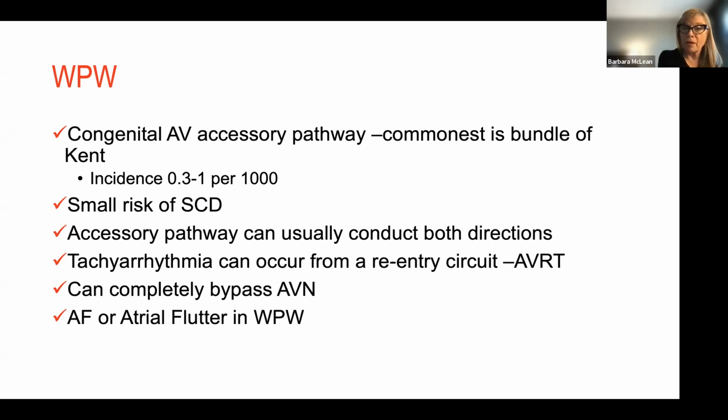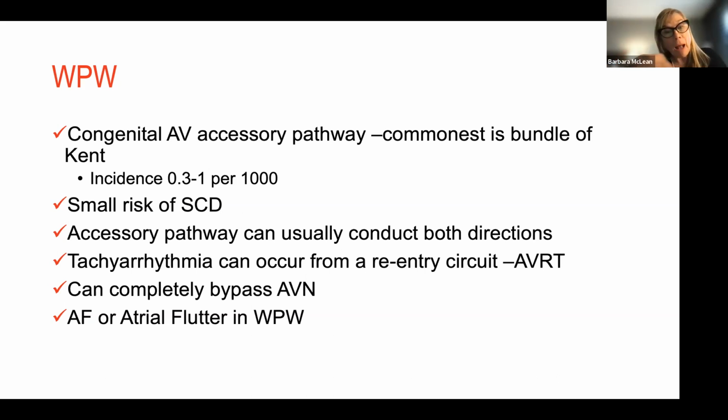Sometimes we'll say, oh, we're going to evaluate you for mitral valve prolapse, but you don't have that. We're going to do an EP study because you may have an accessory pathway. Now, accessory pathways typically will conduct from atria to ventricle and from ventricle to atria, and that makes them very, very hard to control. And those tachyarrhythmias, of course, are called AV reentry tachycardia.